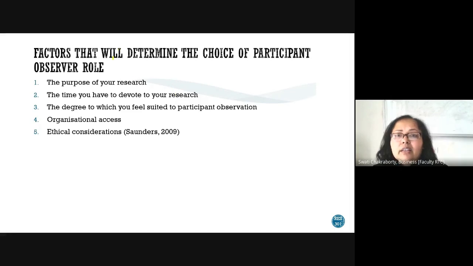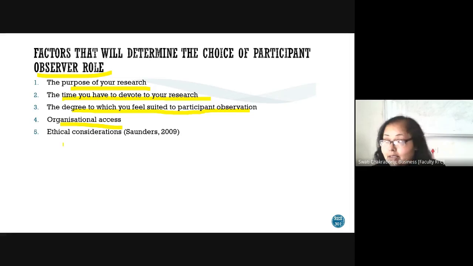So, what are the factors that will determine the choice of participant observer role? Definitely, as I said, the purpose of your research, the time you have to devote to your research, the degree to which you feel suited to participant observation, organizational access, your access to that organization, and ethical considerations also come into play. Ethics plays a big role.